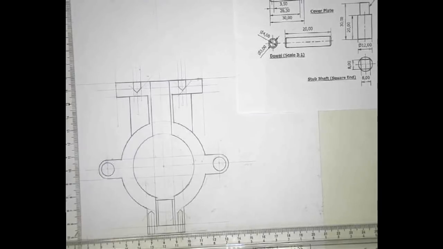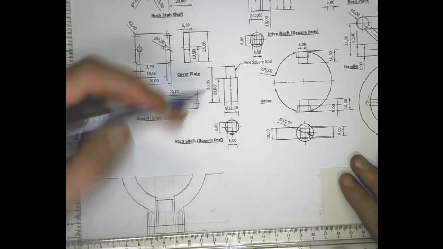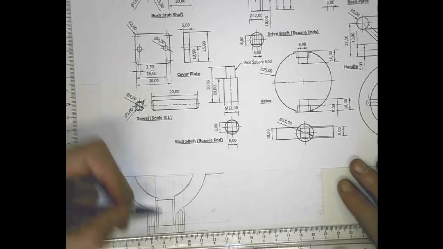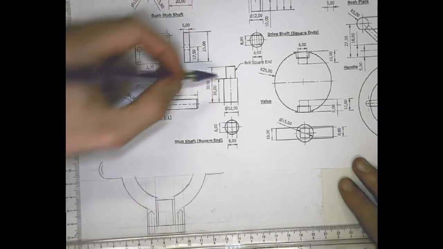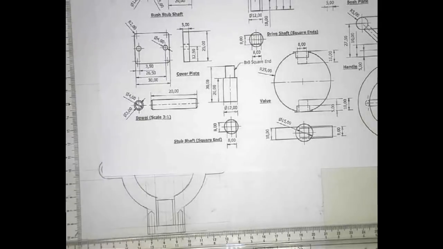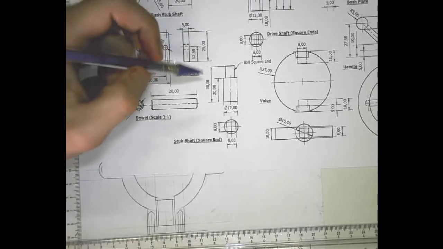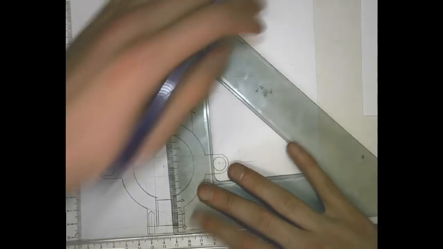The next thing that we can draw in is our stub shaft, which is this over here. The 12mm diameter is already indicated over here. It's 20mm high, so we've already got that section, so we just need to put the 8x8 square end on, where that goes to a 30mm length.